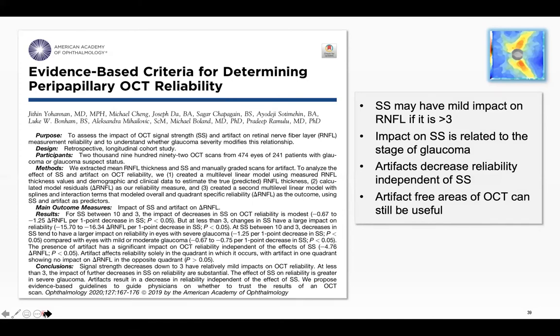The results are changing just a little bit. On the other hand, if signal strength is high, artifacts can affect peripapillary RNFL measurements significantly. If it is impossible to get rid of local artifacts in scans, one can still use the data from the artifact-free areas of the scans.